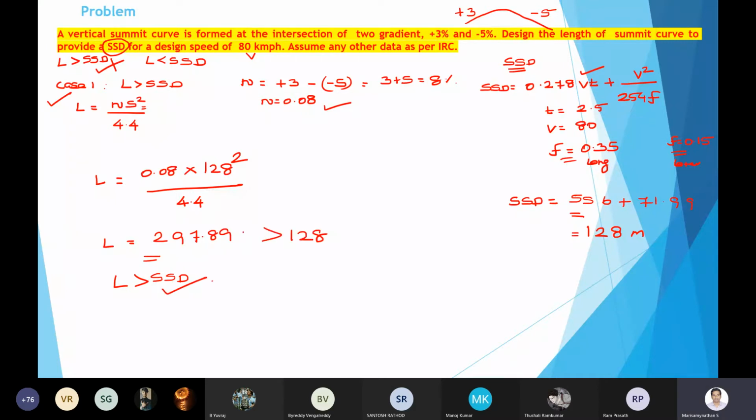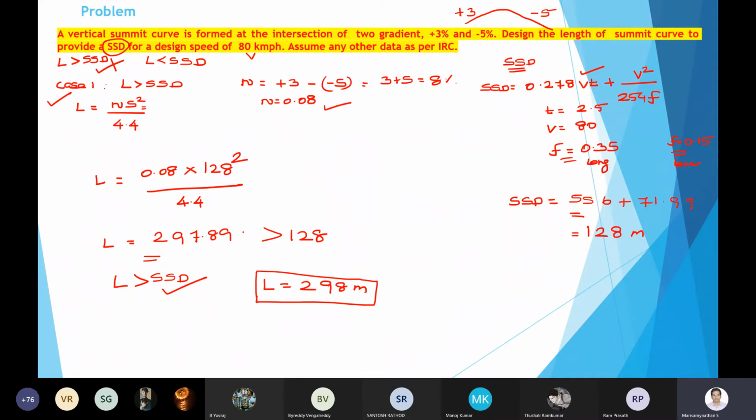So the assumption is correct. The final value for the length of the vertical summit curve is 298 meters.